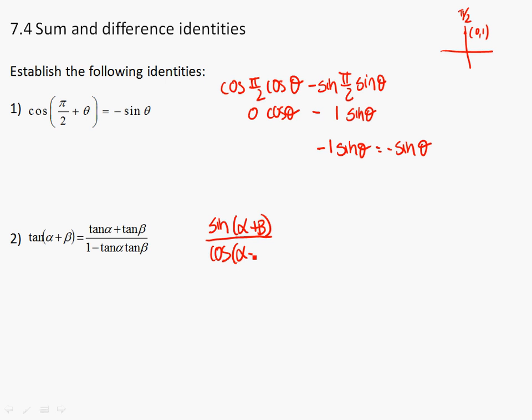Okay. And we're adding. And the rule for sines would be that you have the sine of alpha times the cosine of beta plus the cosine of alpha, and then it's the sine of beta. So we're going to use the formulas that we looked at yesterday.